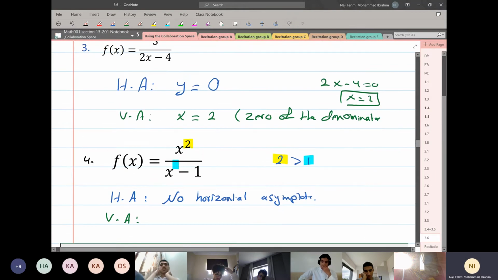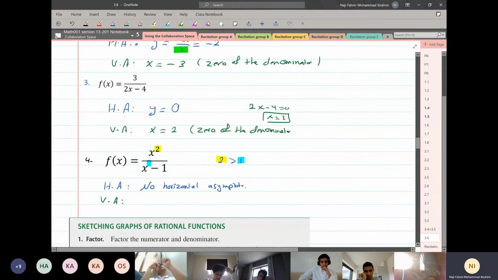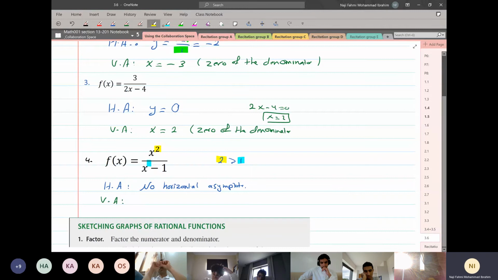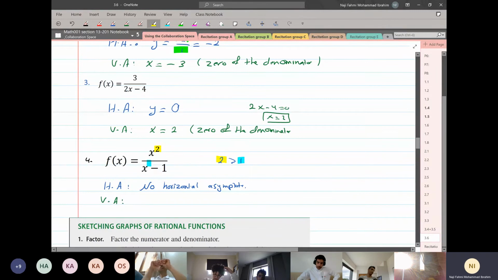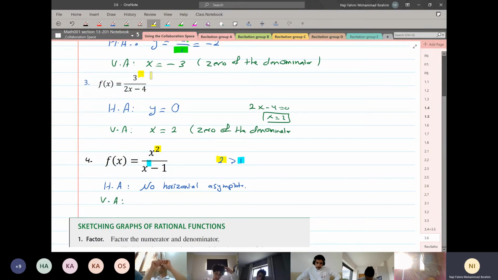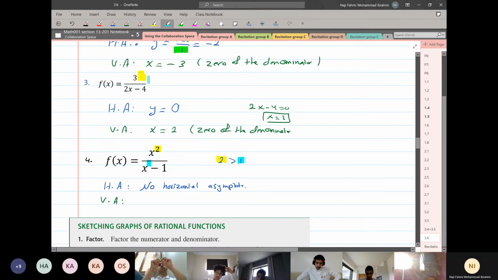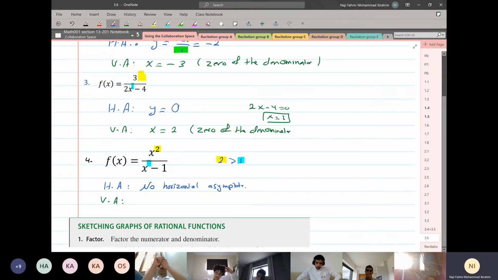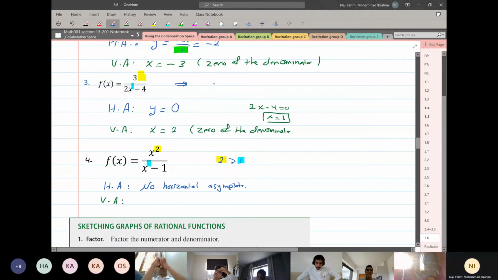So now I just gave you the 3 cases here. In the third example, what's the degree of the numerator? No, the numerator's degree is 0. And the denominator, what's the degree? 1.